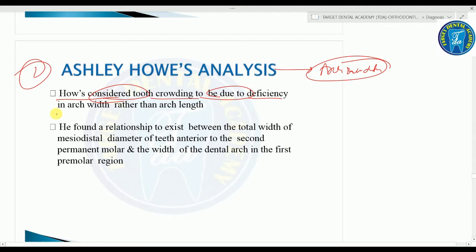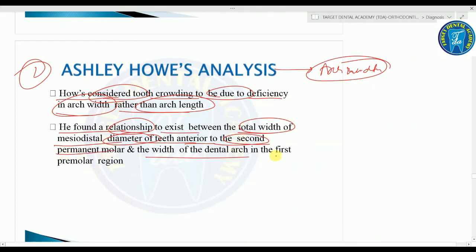It may be due to deficiency of the arch width rather than the arch length. Ashley Howe was the one who found the relationship which exists between the total width of the mesiodistal diameter of the teeth anterior to the second permanent molar and the width of the dental arches in the first premolar region.